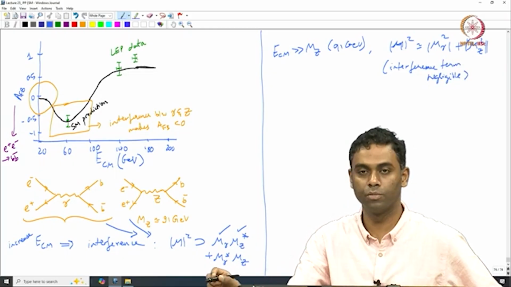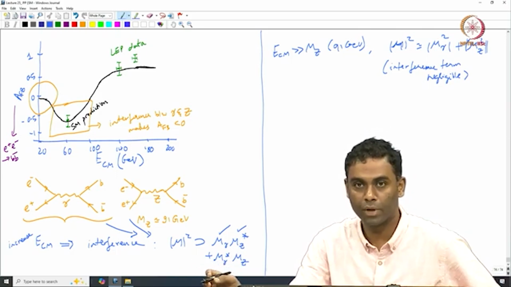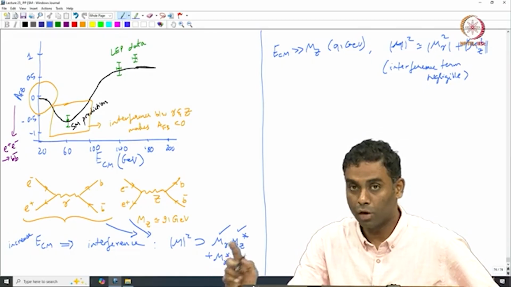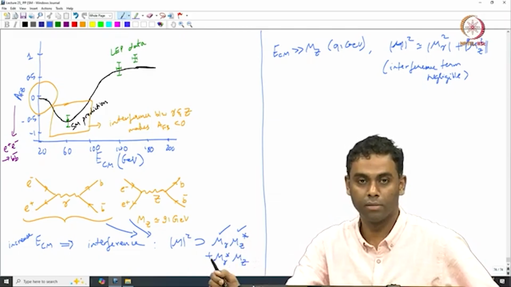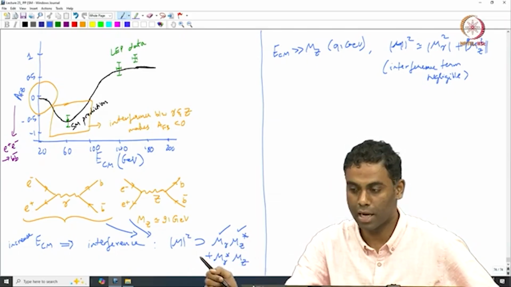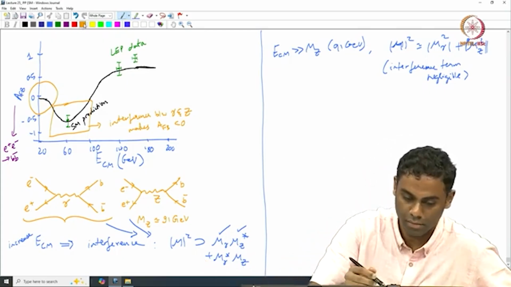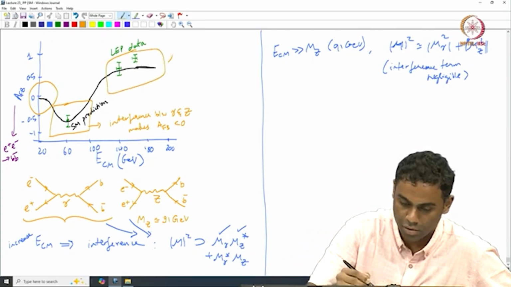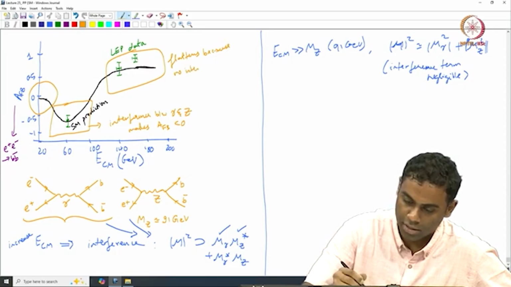So it's purely the Z boson acting as though it's another photon, but not a QED photon. It's acting as though it's a massless particle that's mediating the scattering. So that's the reason why it flattens out, because of negligible interference.